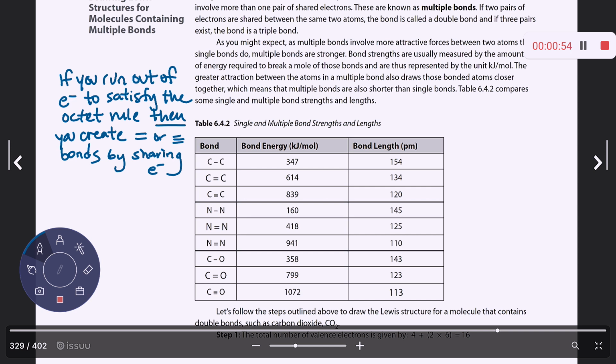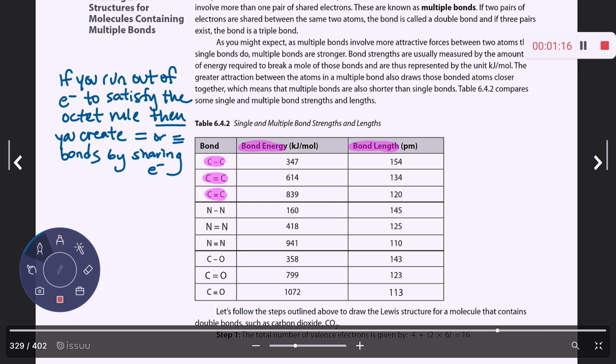Okay. So in an earlier section, I believe we talked about the differences between single and triple bonds in terms of bond lengths and their strengths. So you can see here that we've got the bond energy in the second column and the bond length in the third column.